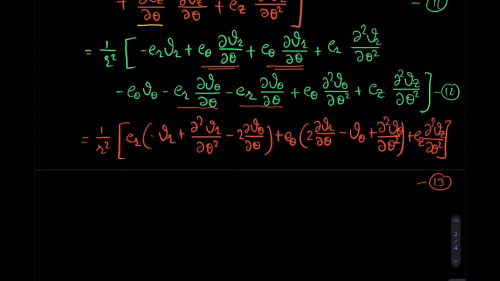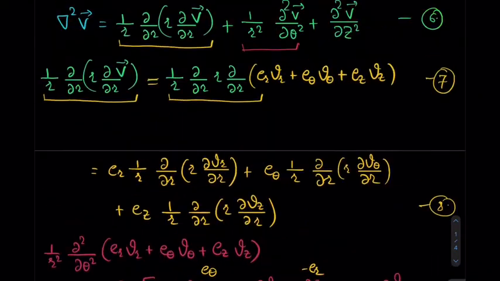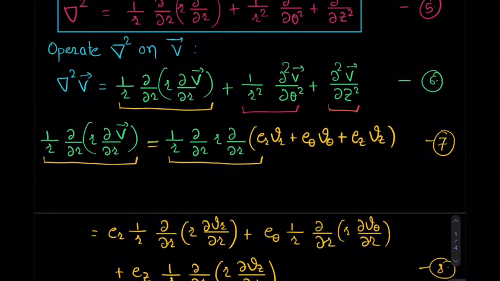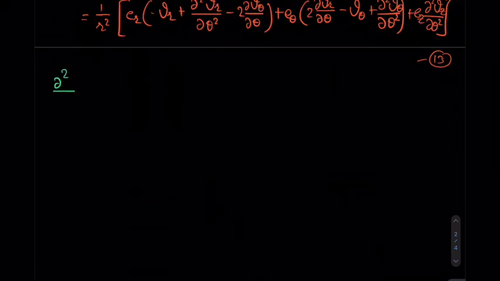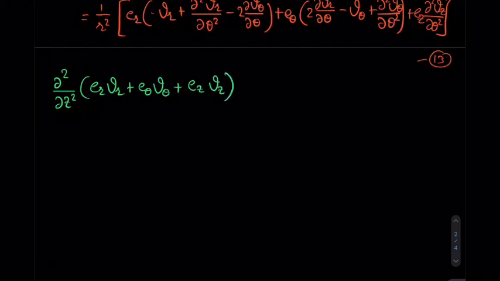Okay, so now the last term, which is d2 v bar over dz squared. So this term again is the derivative of er vr plus e theta v theta plus ez vz.